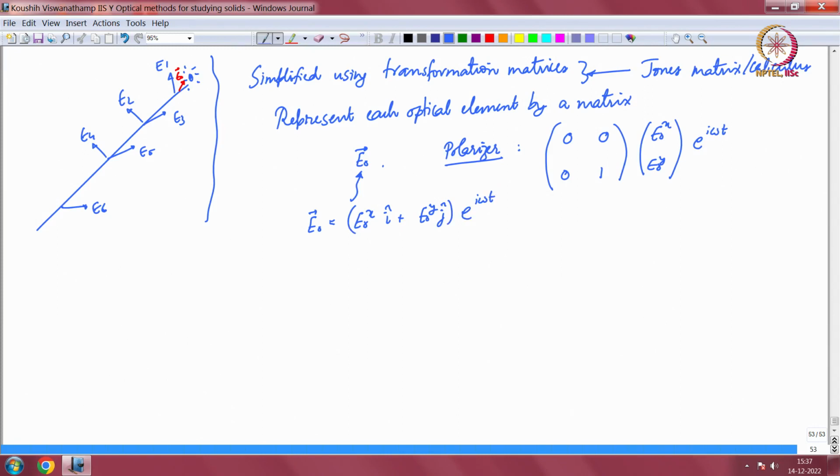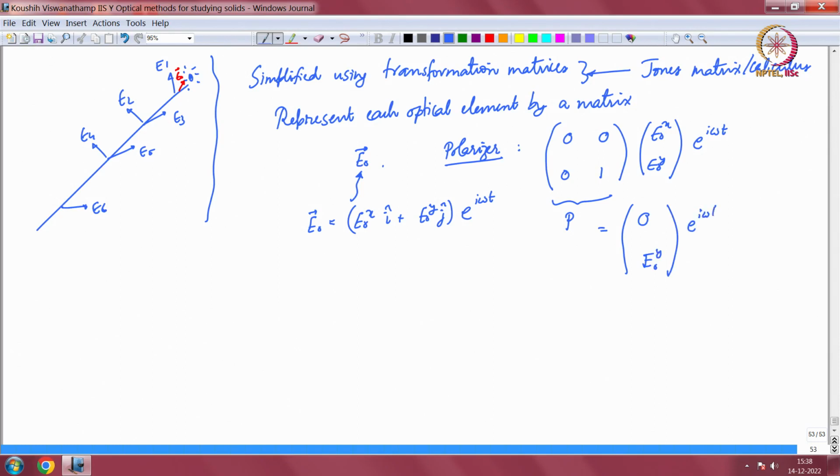Then the polarizer basically picks out the y component. So, if you refer to this as representing P, then what P does to the light wave is this matrix times the incoming wave. If you do this matrix times the incoming wave, you will get 0 into this plus 0 into this giving you 0, and 0 into this plus 1 times E0y.